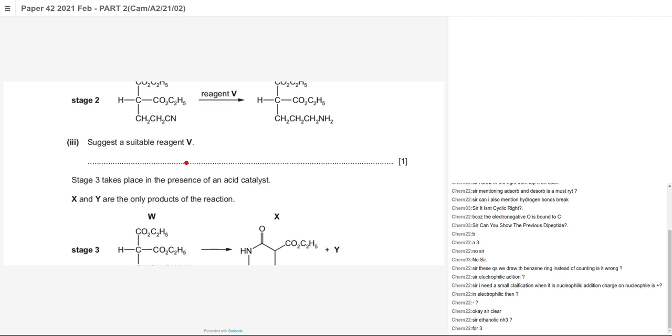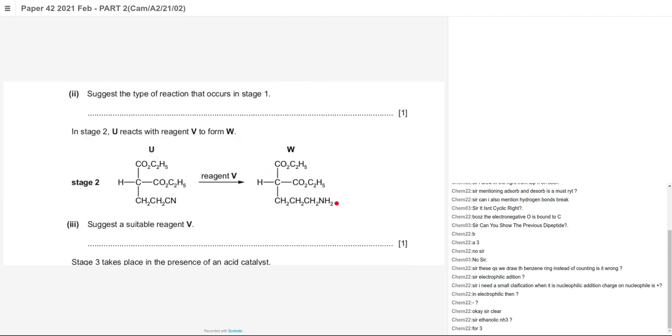You can't convert a nitrile to CH2NH2 by ethanolic ammonia. That discussion shows that you need to revise a lot of AS. Ethanolic ammonia is used to convert haloalkanes to amines.